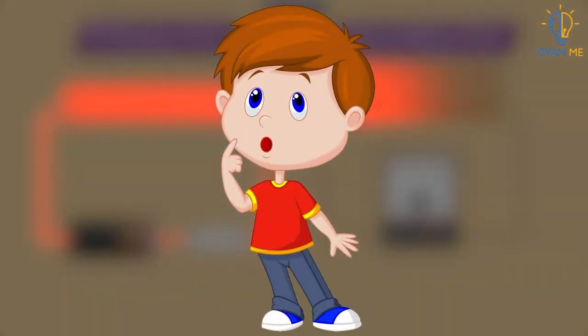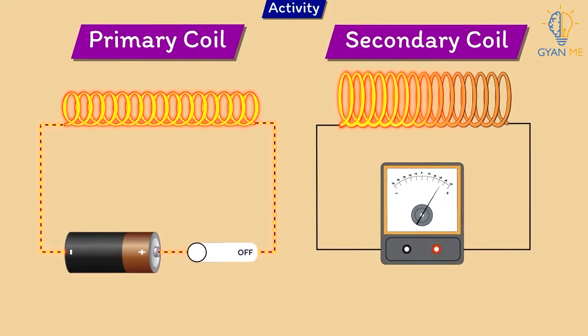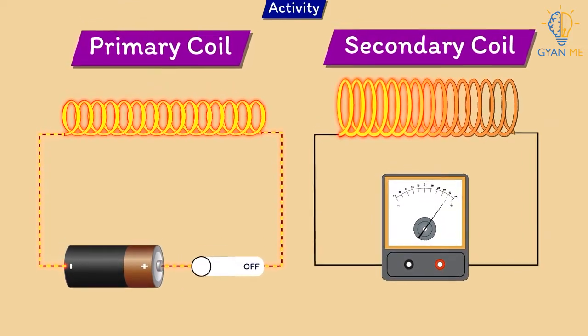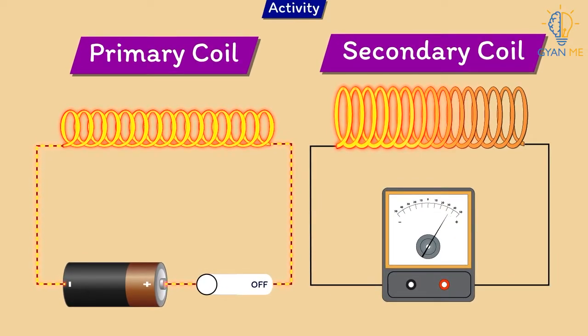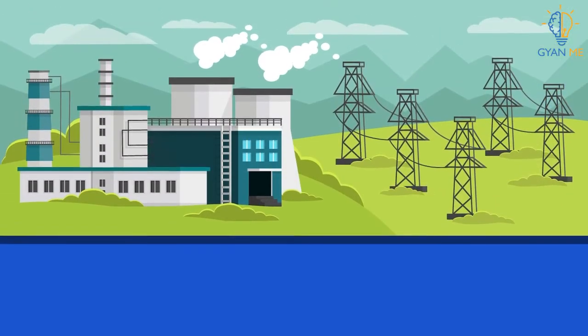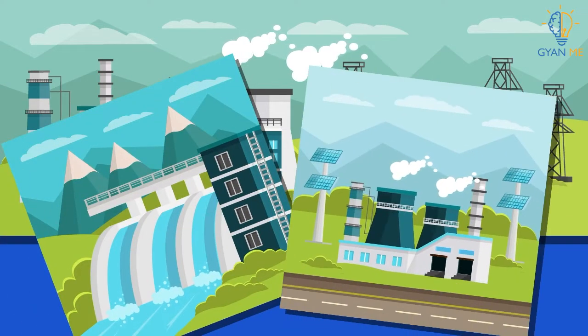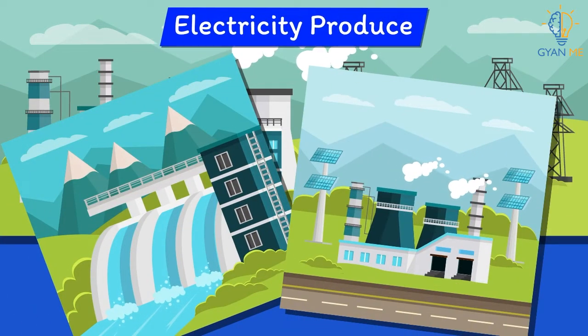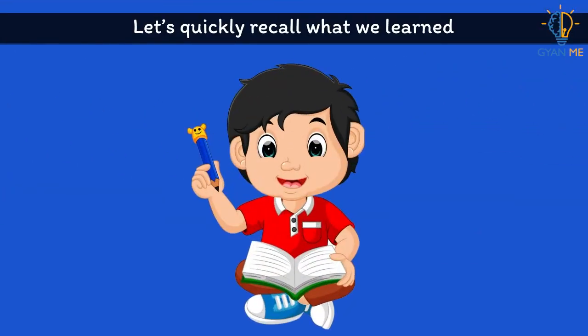Do you know students, this principle of using two coils and producing electric current using electromagnetic induction is used in generators at power stations to produce electricity on a large scale. So students, let's quickly recall what we have learned.